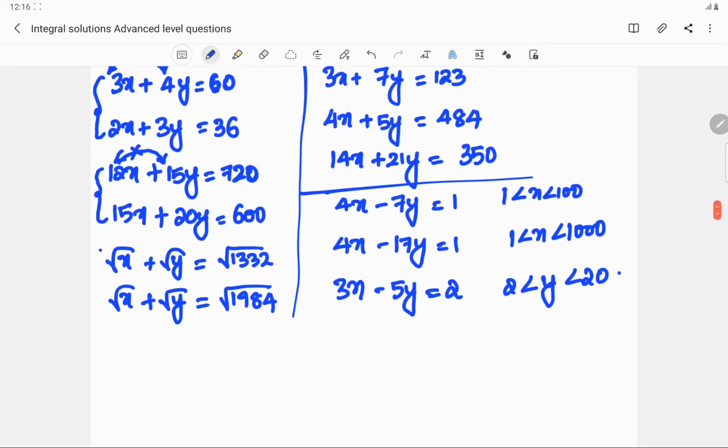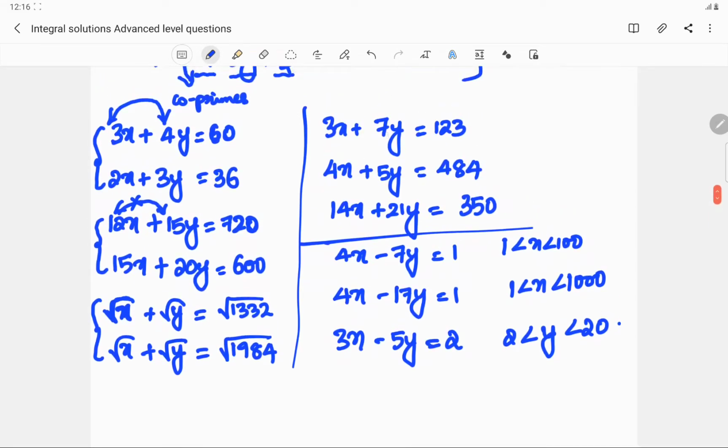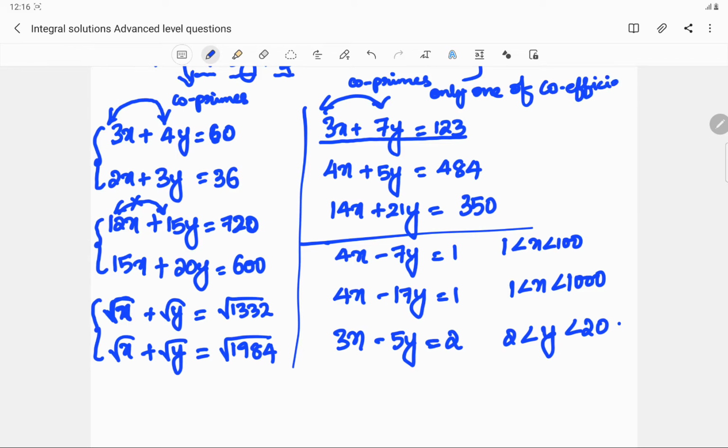Now in these two equations we are dealing with the square root, which is different from the earlier equations. Now in this equation, these two are co-primes, but only one of the coefficients is a factor of the right hand side, a factor of k.